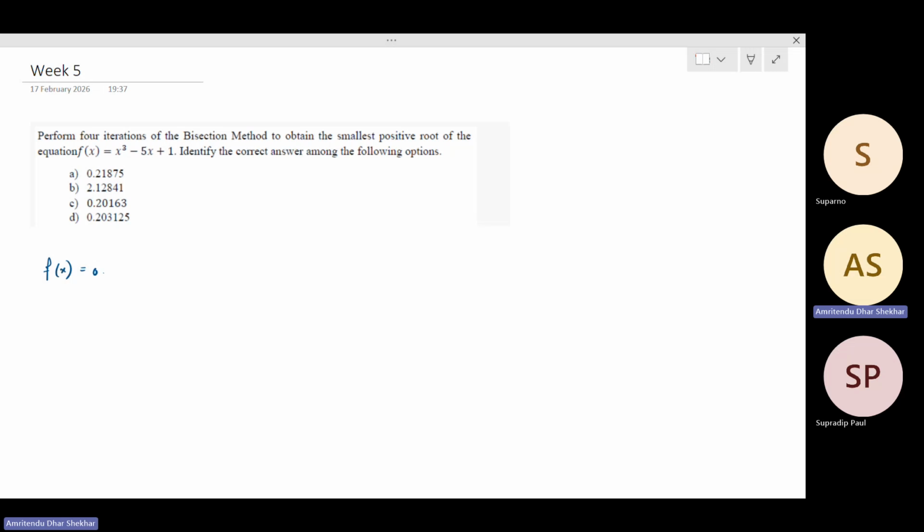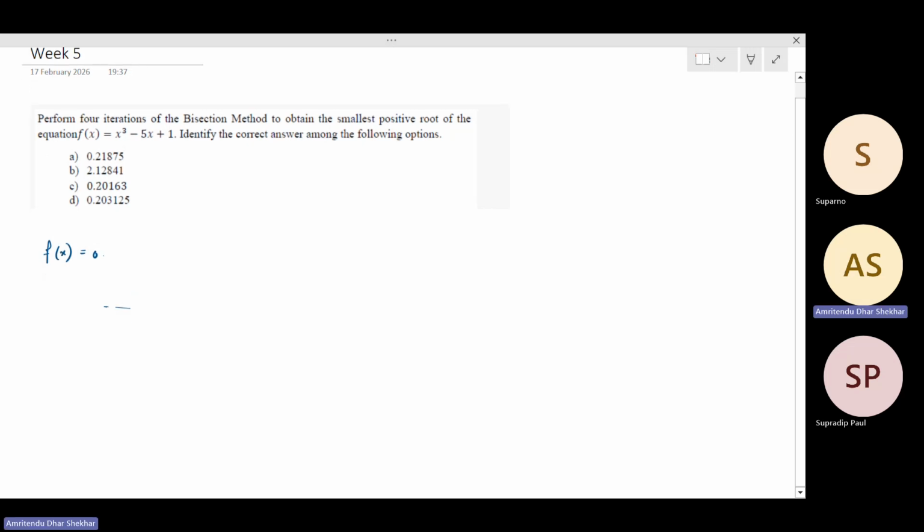And for the bisection method, it is enough that the function is continuous. Okay, so let us quickly describe what it is.